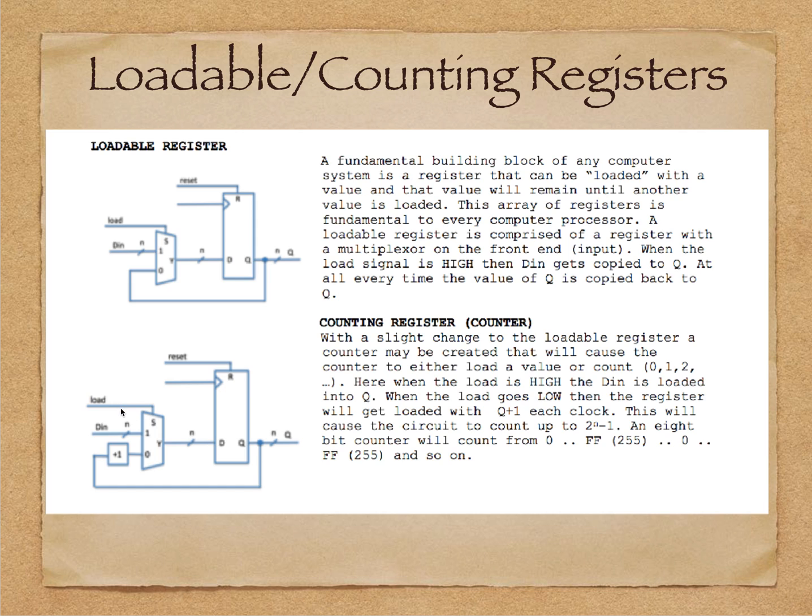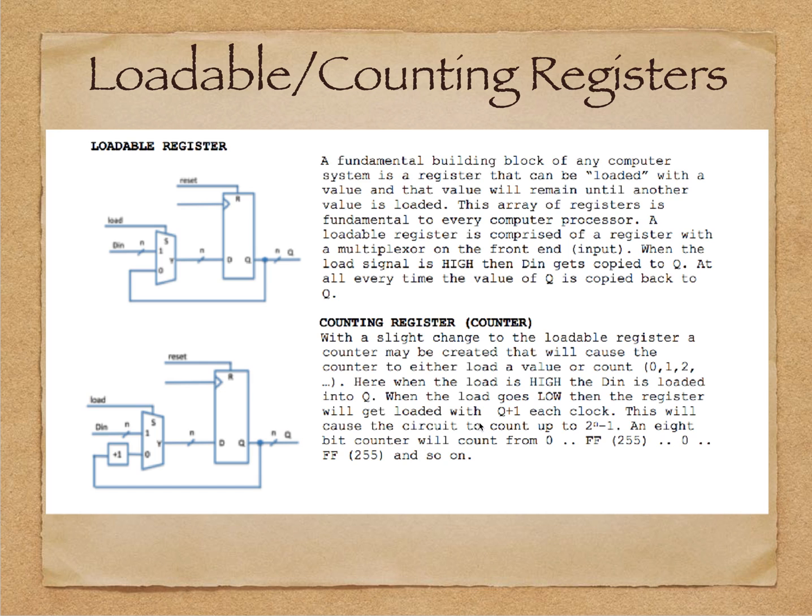When the load signal goes to 0, whatever value we've loaded into the register passes through this increment circuit, which just means add 1, and on the next active edge of the clock, Q plus 1 will be loaded into the register, and so on. So if we loaded a 5, then a 6, 7, 8, it just counts.